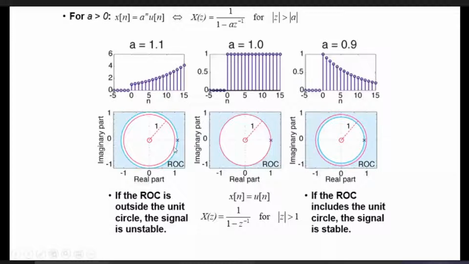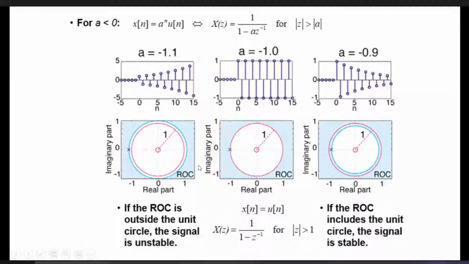Now another case, you just go through this. If a is negative, this is an alternating, oscillating signal, and it is increasing since it is 1.1. And here it is -1.